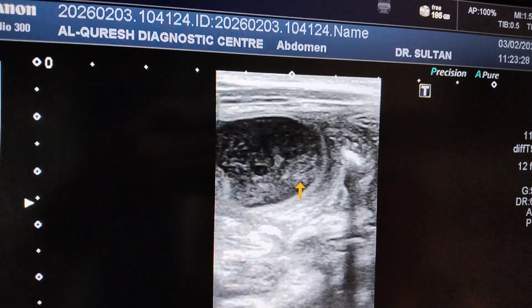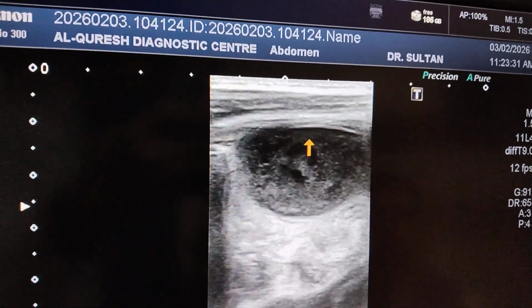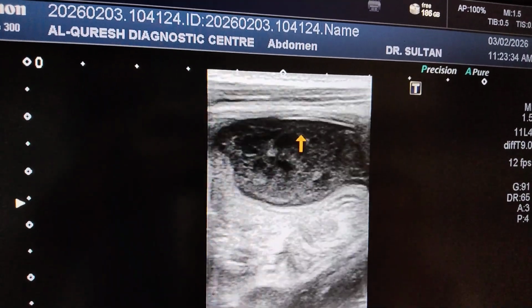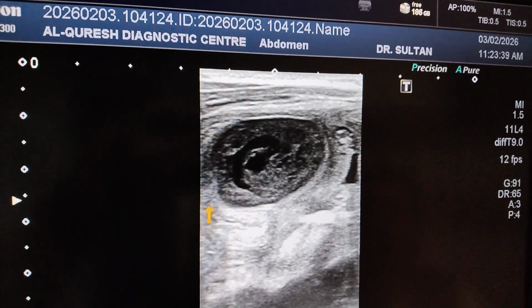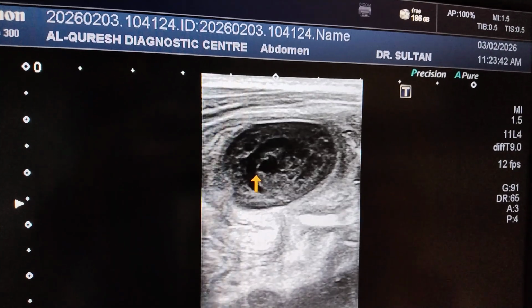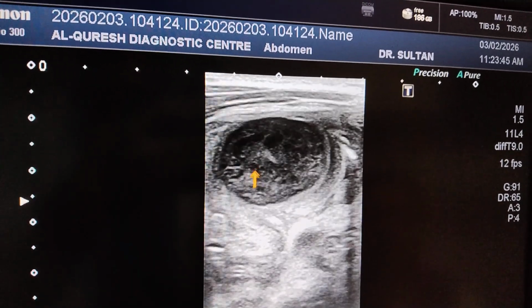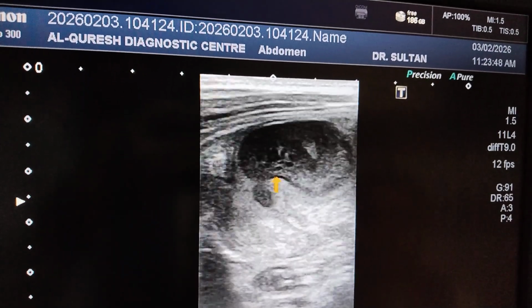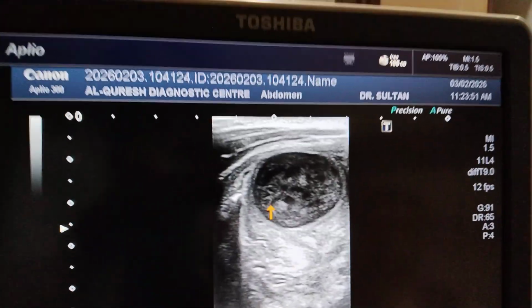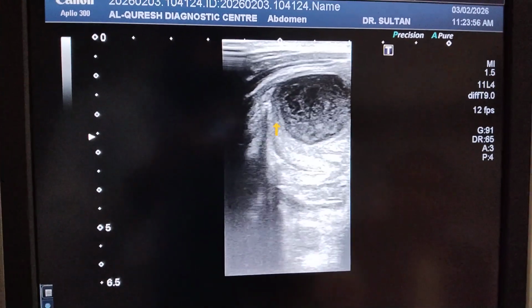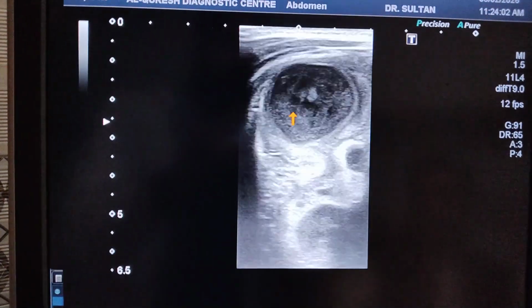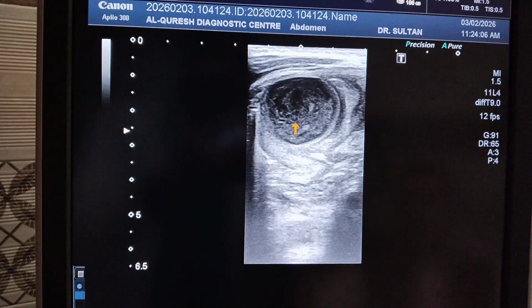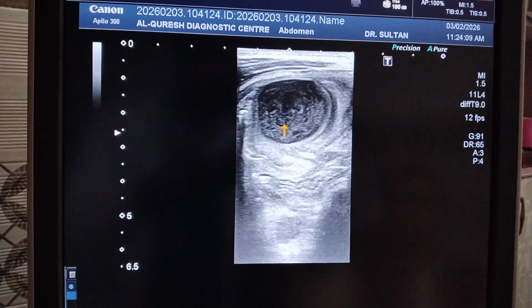And when it had been projected into the distal ileum, the blood supply going toward the distal ileum was compromised and finally cut off. And now here we can appreciate that this appendix is giving the target sign, or we can say the gut within the gut sign.